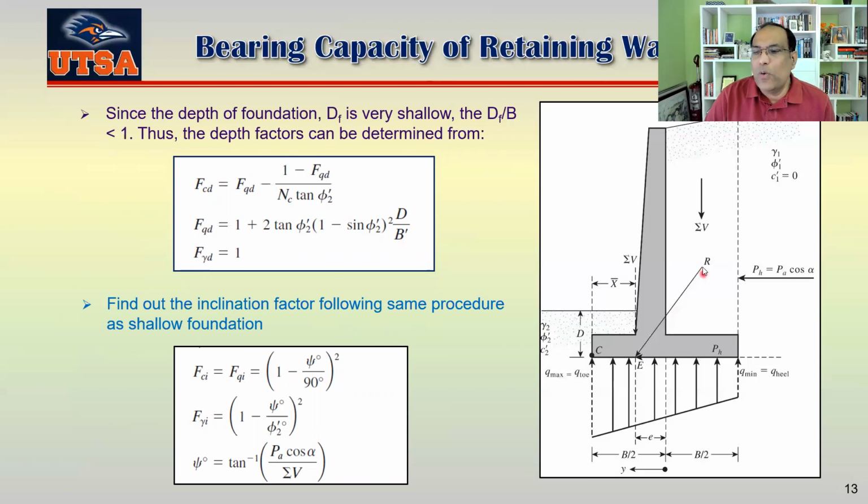You always will have inclination because the horizontal and vertical force may not work at the center; most of the time it works here at a distance E. So we try to find out what angle this makes with the vertical to find our psi naught. I'll show how to find that.